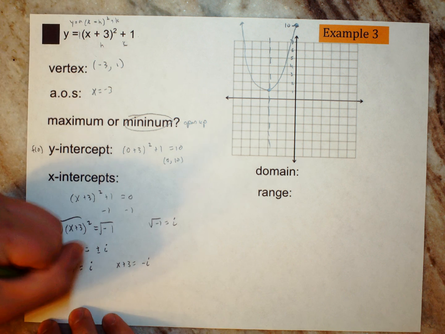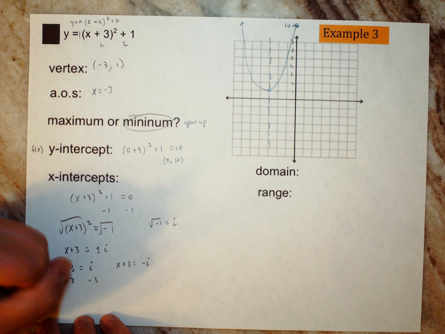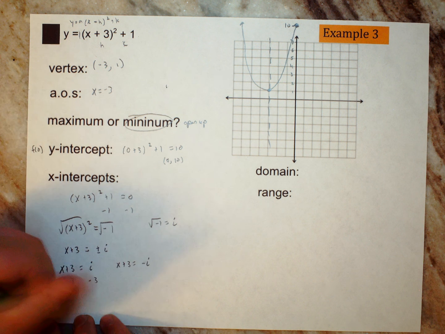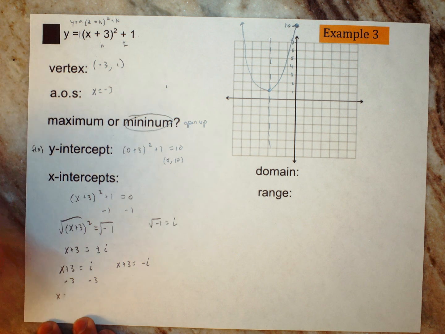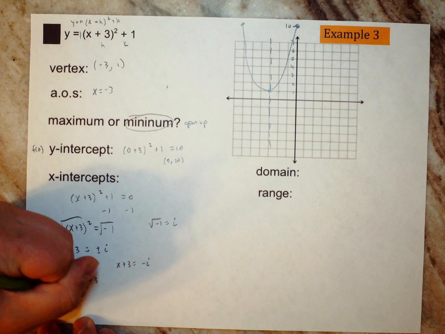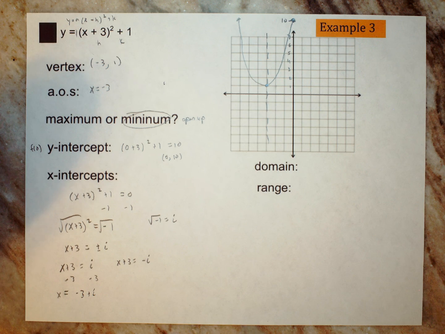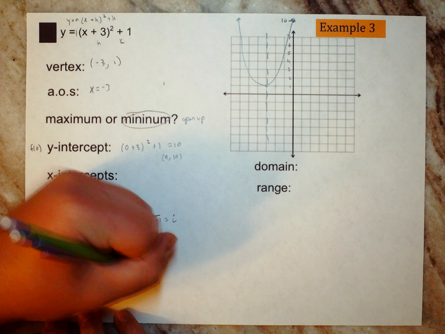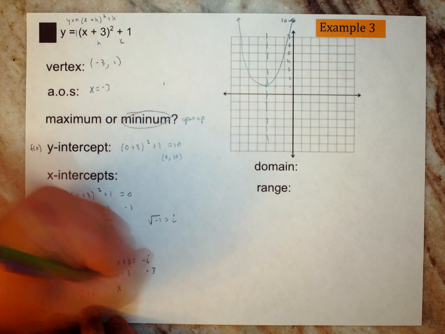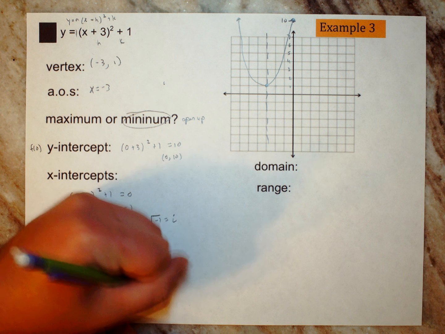So now we're going to subtract 3, x equals -3 plus i, because remember, we write the equations in a plus bi form, and then subtract 3, x equals -3 minus i.